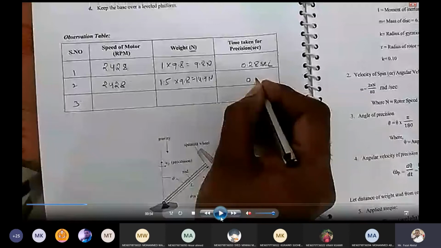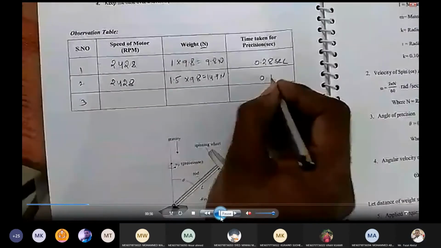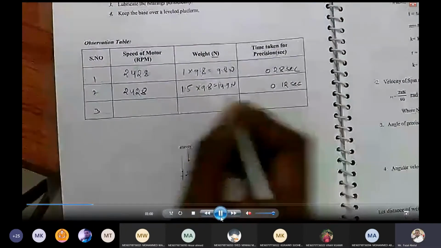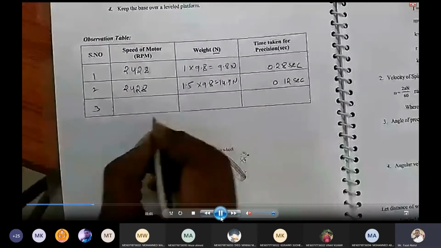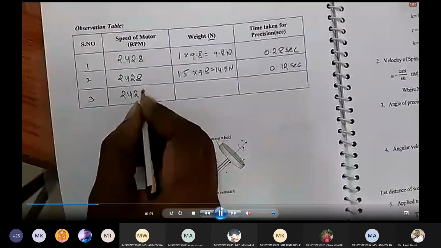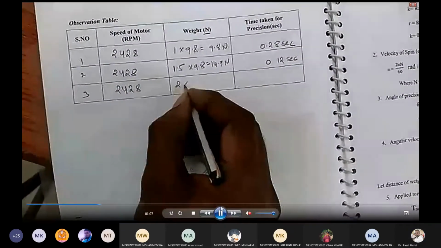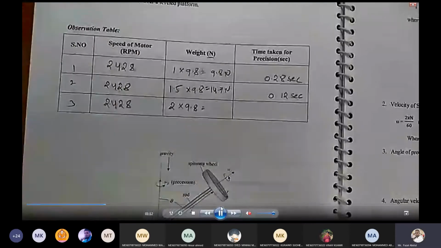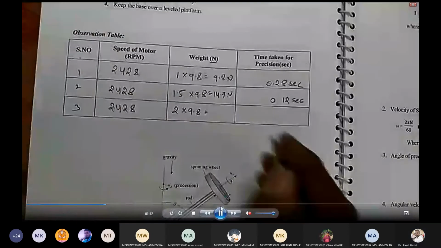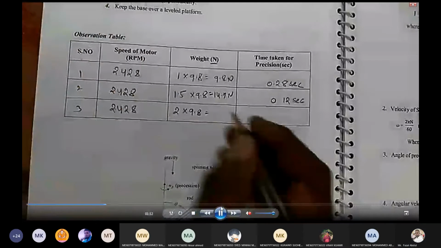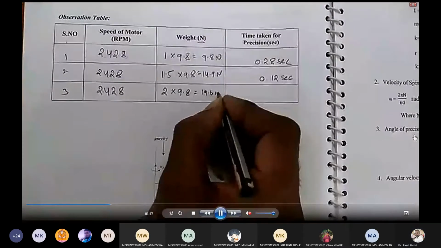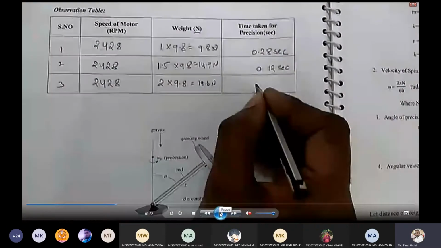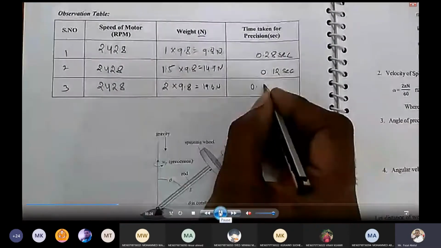That time we need to note down here. The third time, same speed, 2428, 2 kg load, convert it into newtons. And how much time for the 90 degrees rotation? That you need to note down here, in seconds.